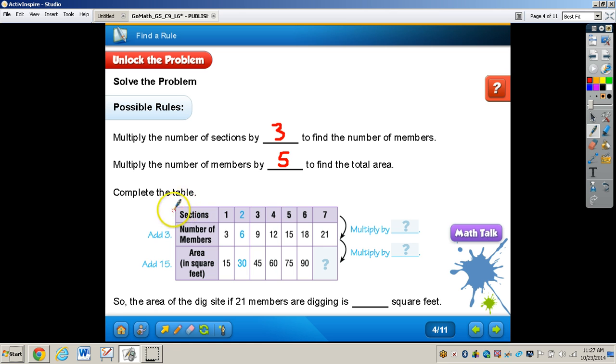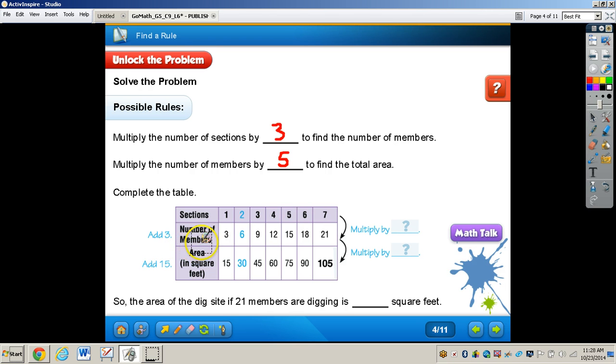Okay, so we can see here within our table, number of members 3, you can see that they're being multiplied here by 5, 6 times 5, 9 times 5, and so on. Alright, so to complete this table, we can see 21 times 5 is going to give us 105.